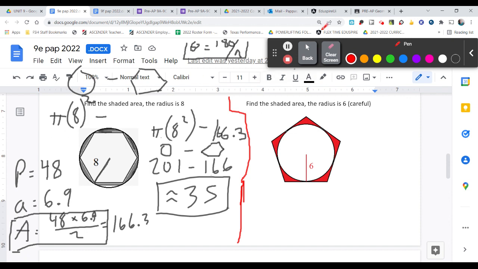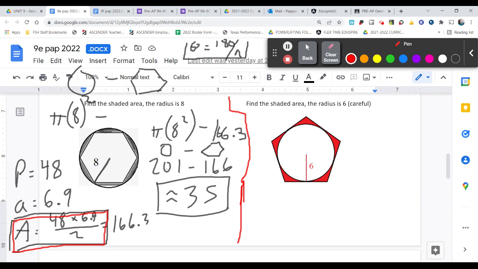Okay, so remember the area for a hexagon or any regular polygon is perimeter times apothem divided by 2. It's this formula down here in the bottom left. In order to get the perimeter and the apothem, we had to really get the side length and the apothem. So they give us the radius, and we went back to our C notes to get our side length and our apothem from that.